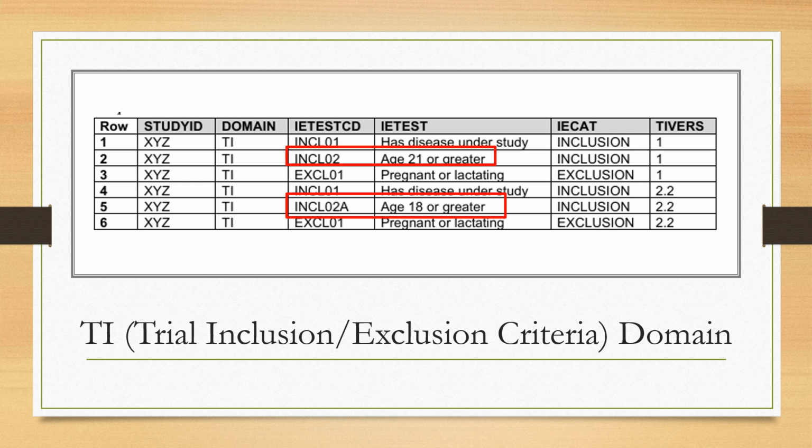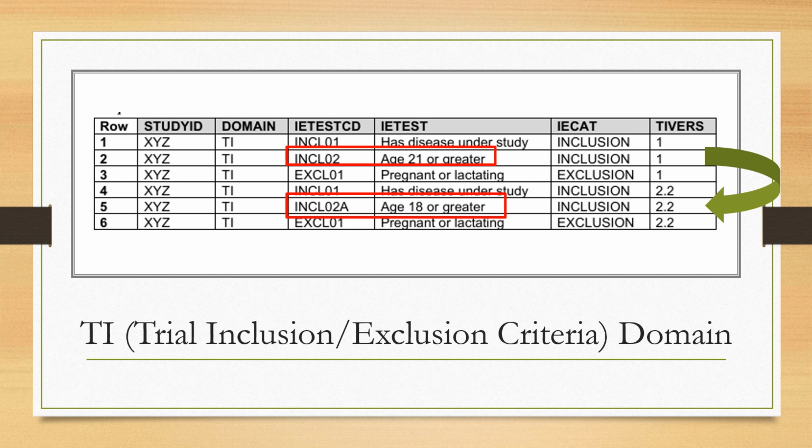Rows 4 to 6 show the criteria for version 2.2 of the protocol, which changed the minimum age of entry from 21 years to 18 years. So you can see that between protocol version 1 and protocol version 2.2, there was only one change, which is that the text part of the IE test for inclusion criteria 2 was changed.